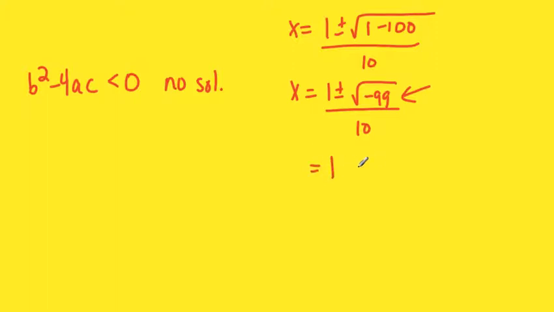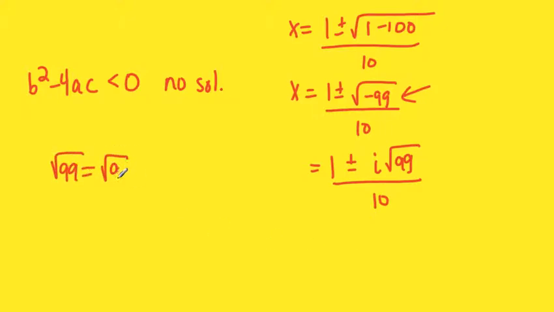So remember how to simplify that: if I have a negative under the radical, it becomes an i on the outside, and then the square root of 99 would stay there. Remember, you can reduce the square root of 99 to the square root of 9 times the square root of 11. We've done this in chapter 1, and there's a chart up on the wall to help you with this. The square root of 9 is 3, square root of 11 is right there.